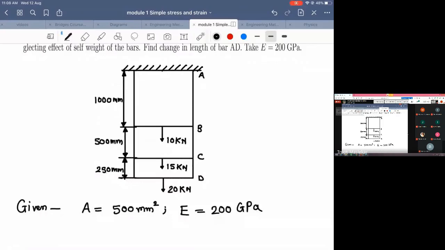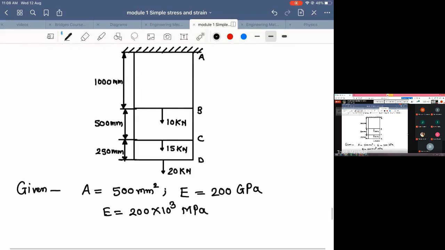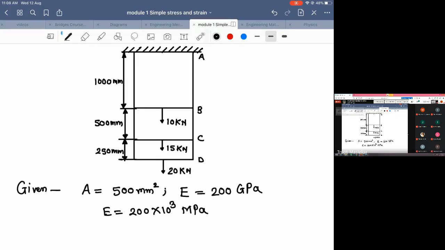Now I have to convert this gigapascal into megapascal. So I will write 200 into 10 to the power 3 megapascal. And remember that there is a relation between MPa and Newton per mm square. 1 megapascal is equal to 1 Newton per mm square, because 1 Pascal is equal to 1 Newton per meter square.